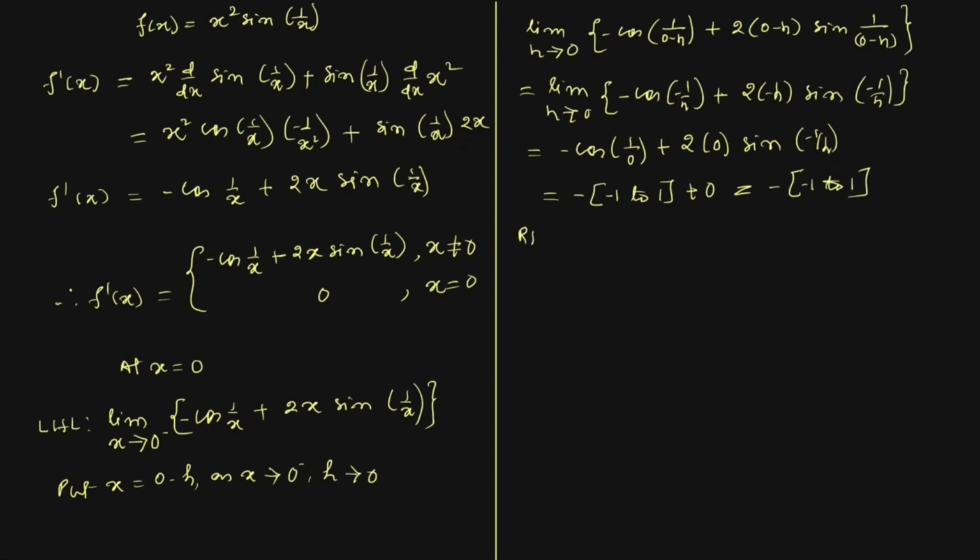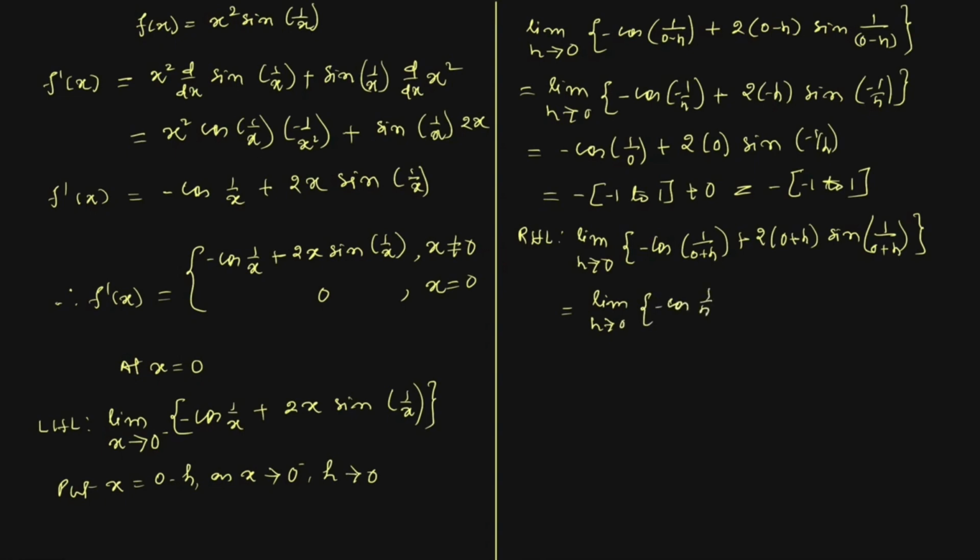Now similarly, right-handed limit we are able to write as limit h tends to 0 of minus cos 1 divided by 0 plus h plus 2 0 plus h sine 1 divided by 0 plus h, which is equal to limit h tends to 0 of minus cos 1 by h plus 2h sine 1 by h.